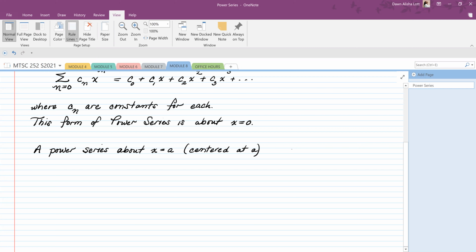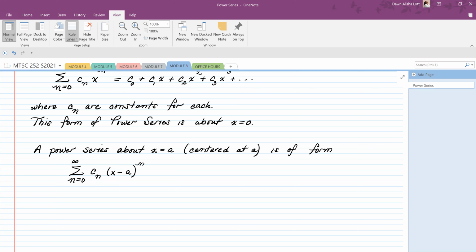It is of the form summation n equals 0 to infinity of Cn times x minus a to the n. Okay, so this is a power series about x equals a.